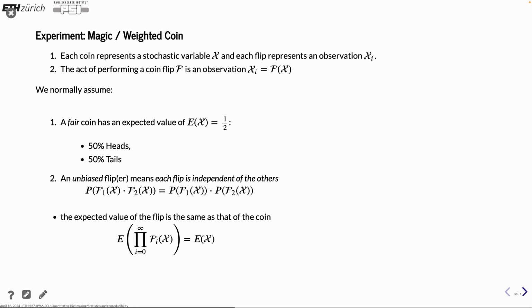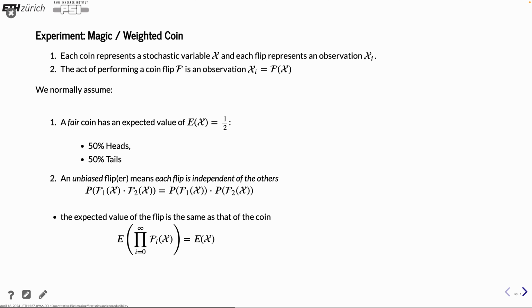We normally assume that a fair coin has an expected value of a half. That means there should be, in the long run, 50% heads and 50% tails. And an unbiased flipper means that each flip is independent of the others.